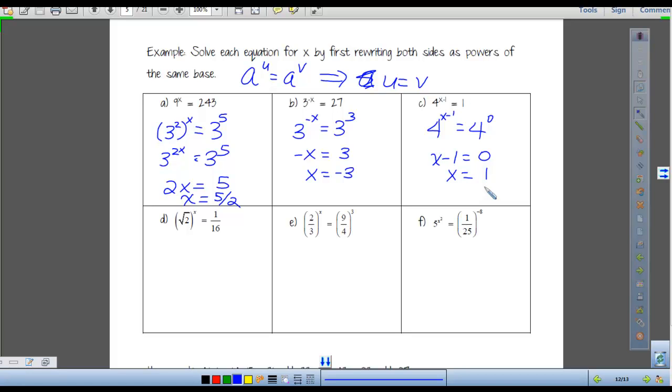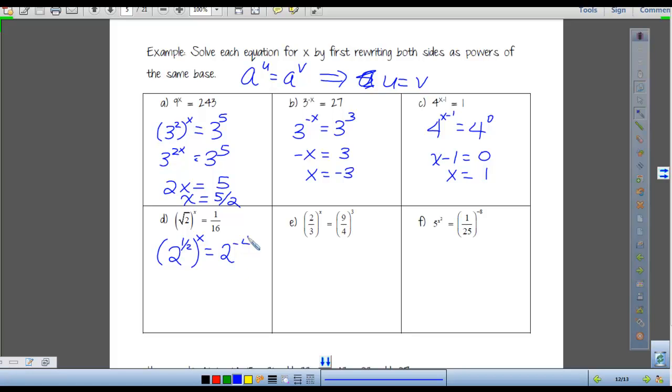Okay, what about this next one? We have the square root of 2 raised to x. Well, the square root of 2 we can rewrite as what? 2 to the 1/2, okay, raised to x. We've got 1 over 16. Can we write that using a base of 2? Four.